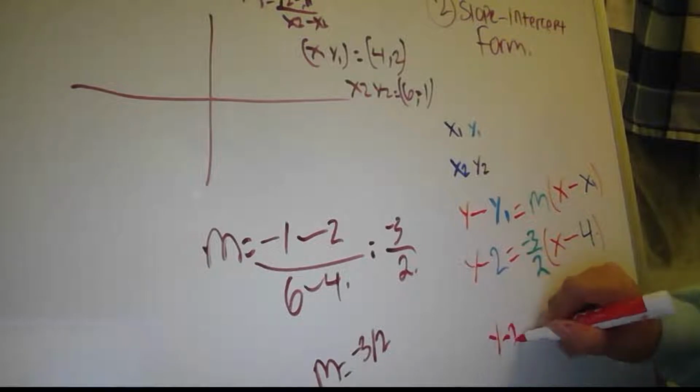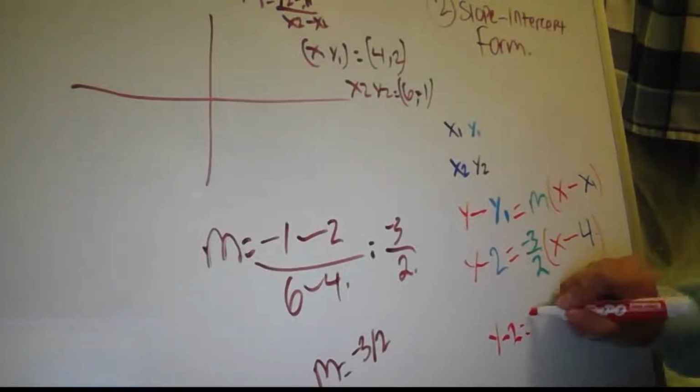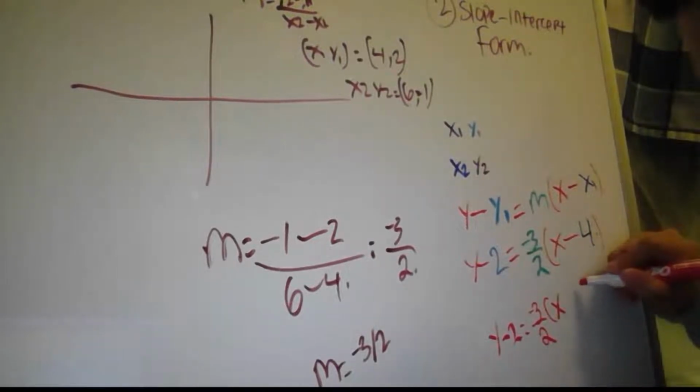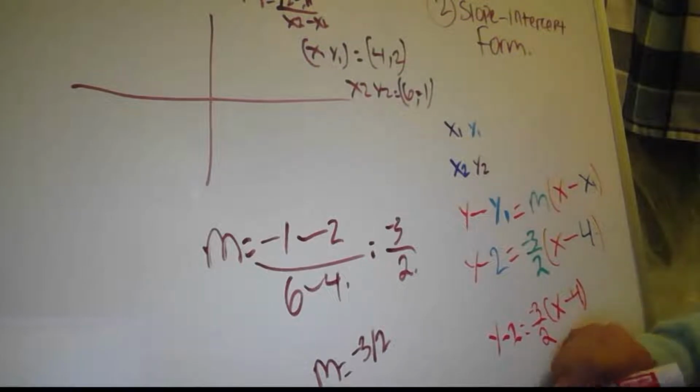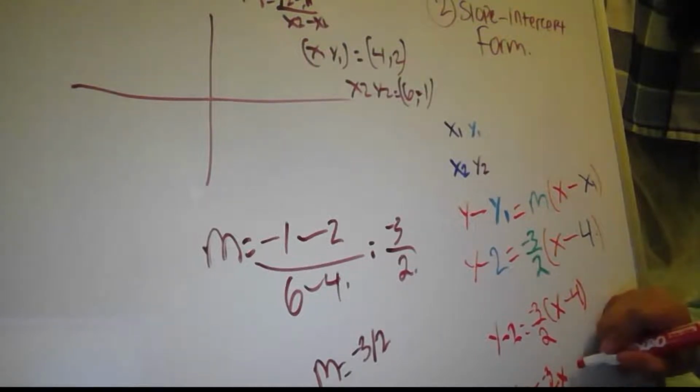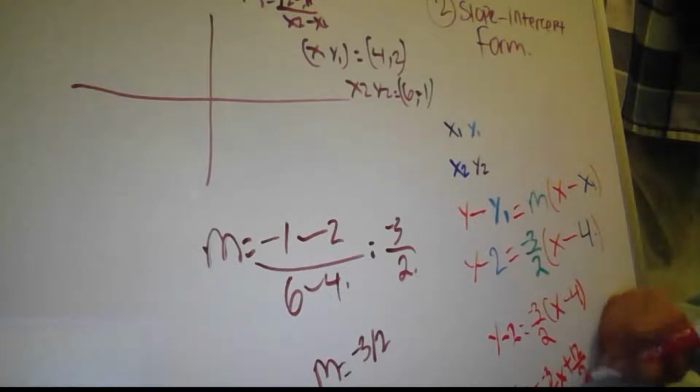Y minus 2 equals negative 3/2 times x minus 4, okay? This is y minus 2 equals negative 3/2 x plus 12 over 2.